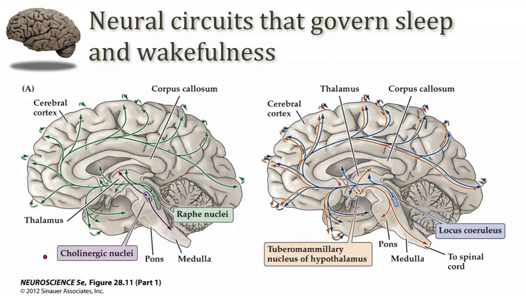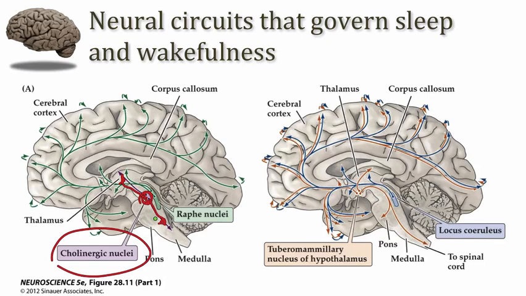So our cholinergic nuclei that are so important in maintaining wakefulness and then are turned on during REM sleep are found here in the rostral pons and in the caudal midbrain. And these neurons have projections that are directed up towards the thalamus. They also have some projections down towards other parts of the reticular formation in the medulla.